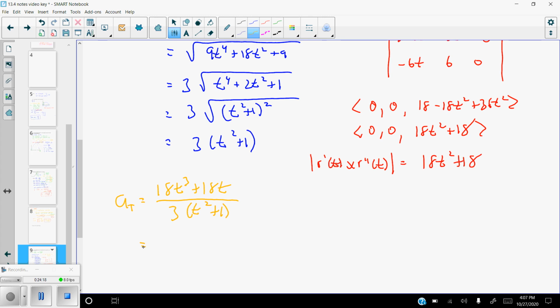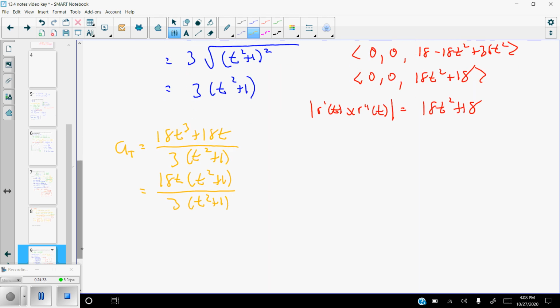Let's see if this simplifies any further. So I know I can factor 18t out of the top, which is going to leave me with a t squared plus 1, how wonderful, over 3 times t squared plus 1. So the t squared plus 1s are going to go away. Looks like we're going to get a grand total for our tangential of 6t.